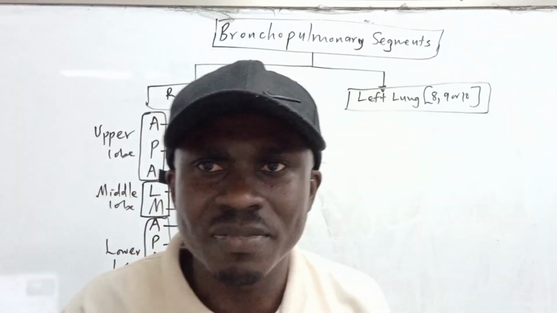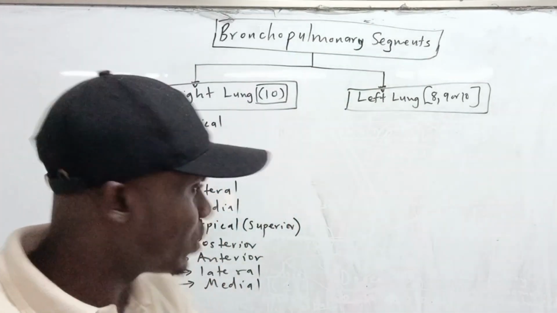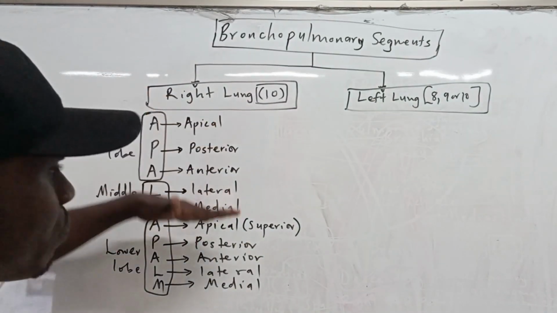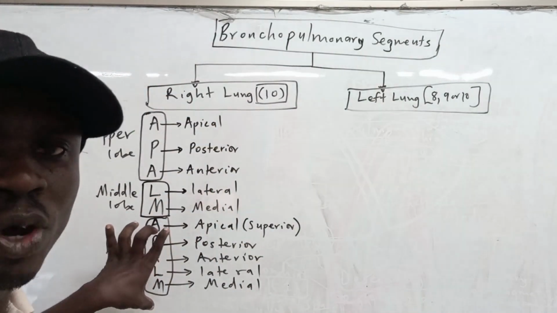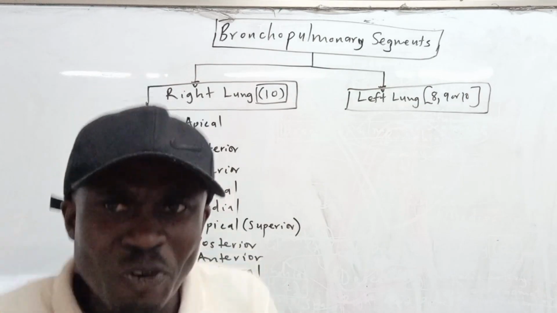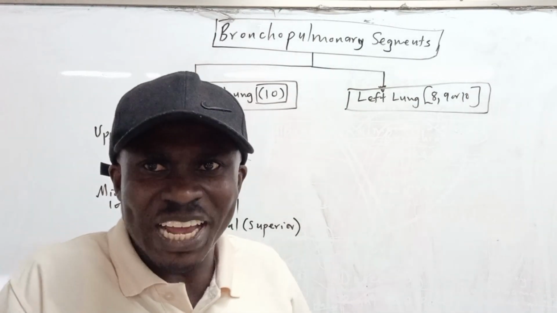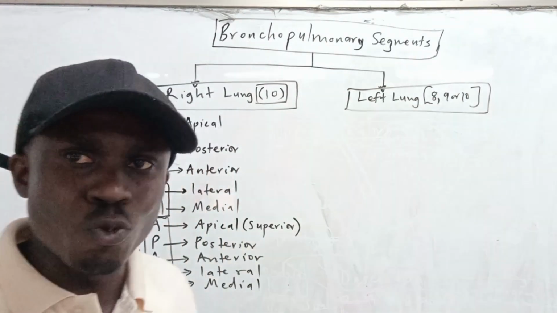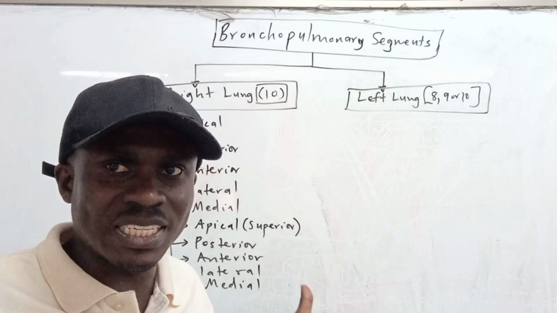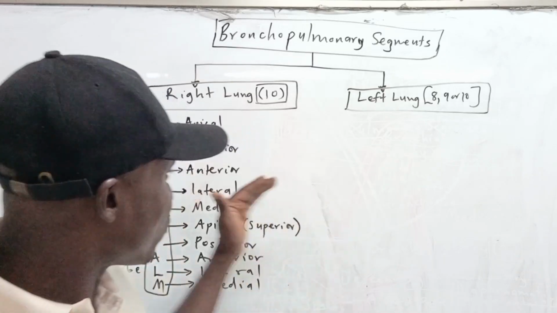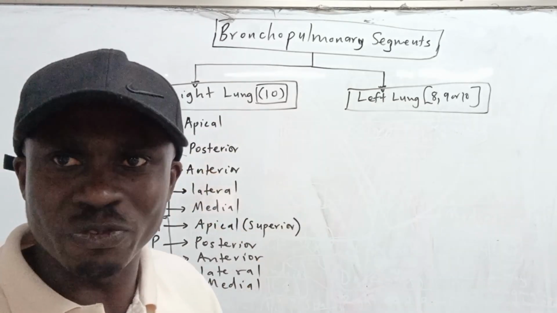But my friends, we have to distinguish between the nomenclature already given over here and that of the lower lobe. And that is why, if something is at the lower lobe, it's at the base, it's at the bottom. We will give it another suffix to discriminate it from the upper apical we've seen already.